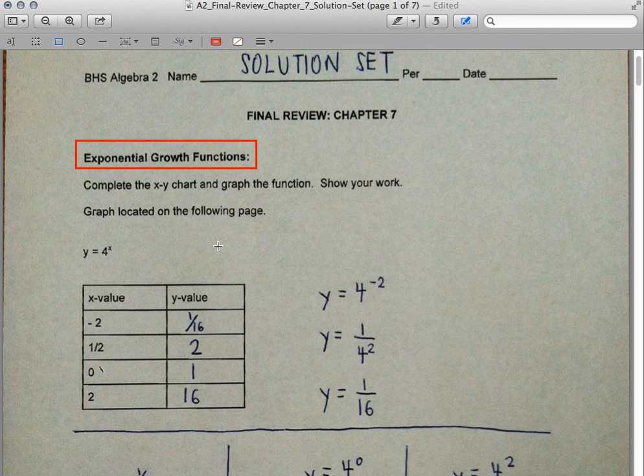And if our base is between 0 and 1, then that is an exponential decay function. In this case, our base is 4, so this is going to be an exponential growth function. Y equals 4 to the power of x, a very basic exponential growth function.